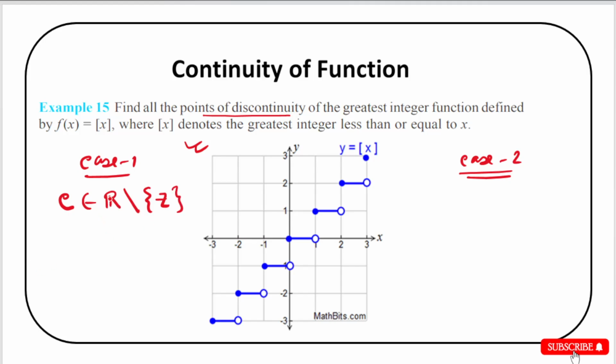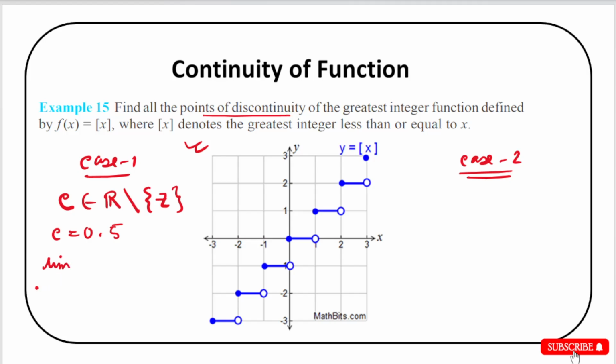You will consider c in the domain of the function. Domain is from minus infinity to plus infinity. You will take a value c which will be a real number but which is not an integer. This is the first case. Suppose I take the value to be, say, 0.5. This is a decimal number, it is a real number but it is not an integer value. Now check the continuity at this particular point.